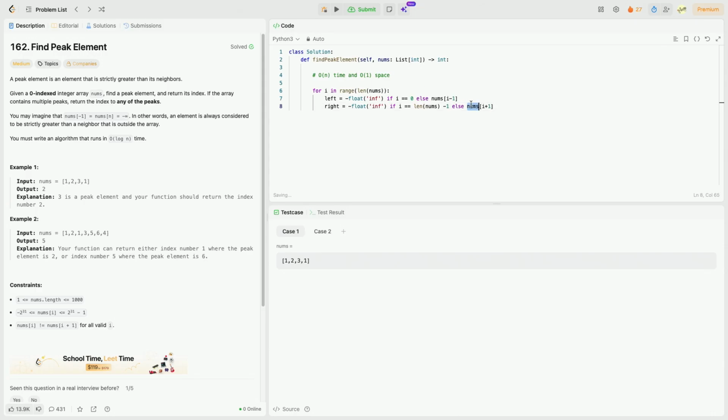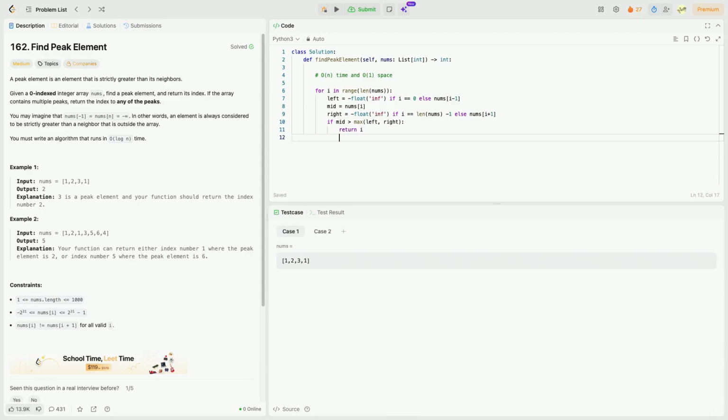Otherwise we are looking at the successor of the current element. And the current one, or mid element, is nums at position i. Then all we need to do is check if mid is larger than the max of left and right, then we just return i, because that's when we found a peak.